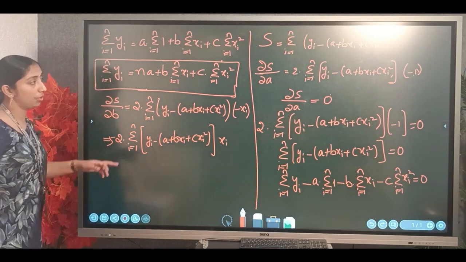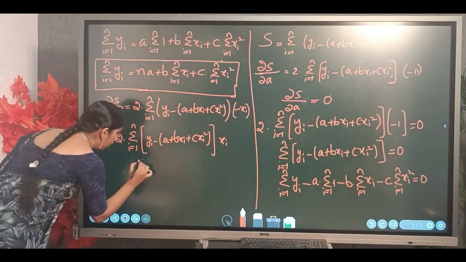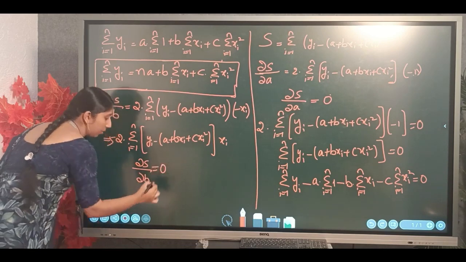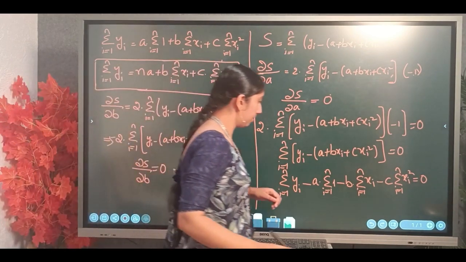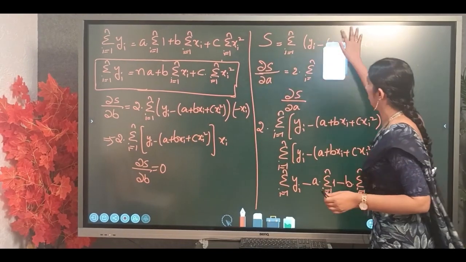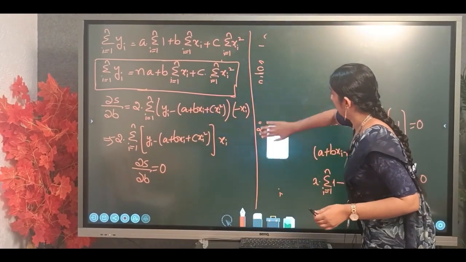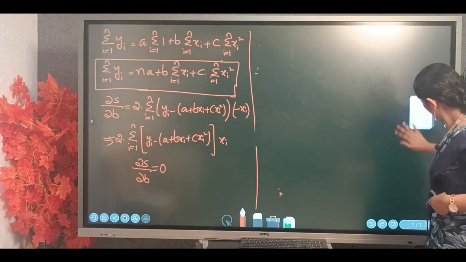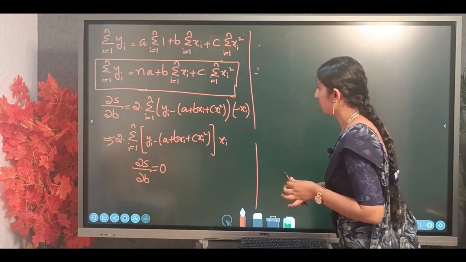Same. Previously what we have done? Dou s by dou a is equal to 0. Here also dou s by dou b is equal to 0. And what we have to get? So see here.